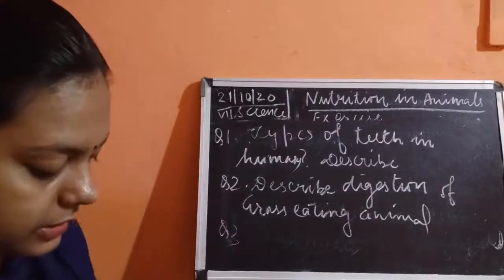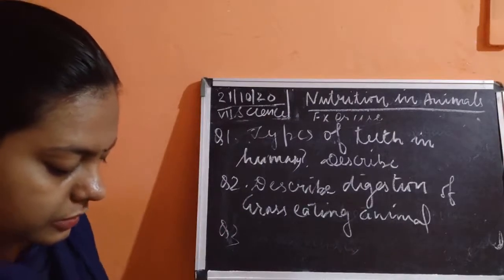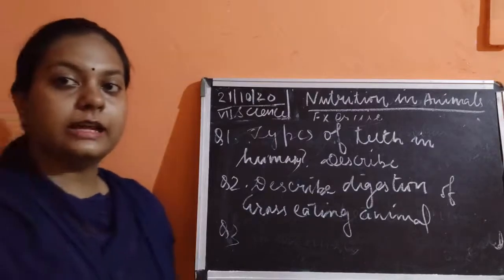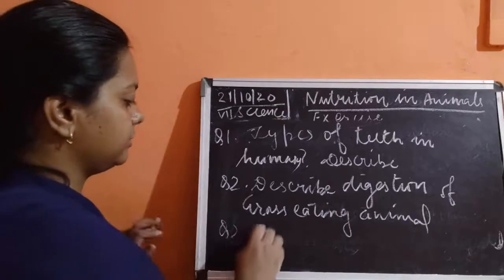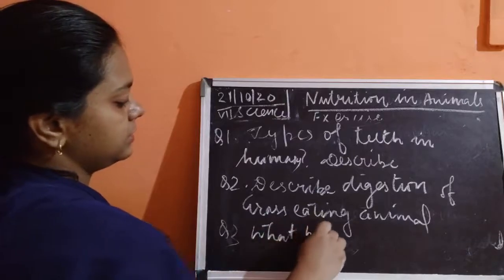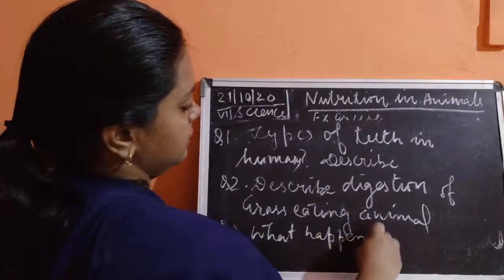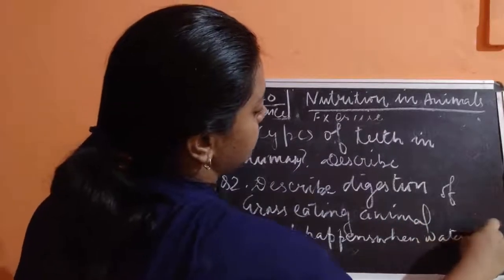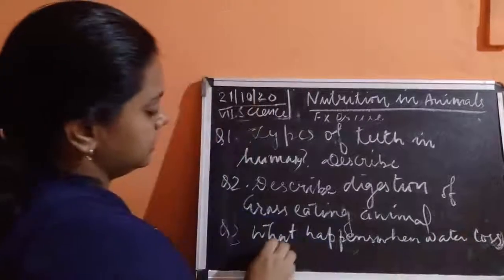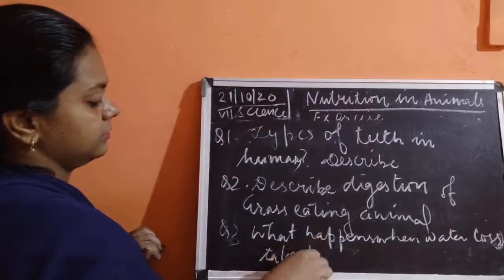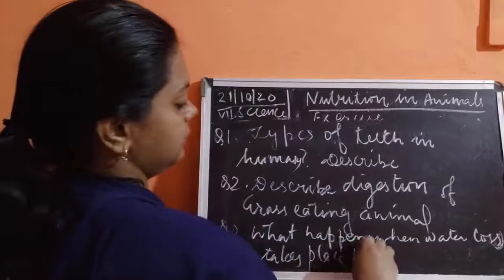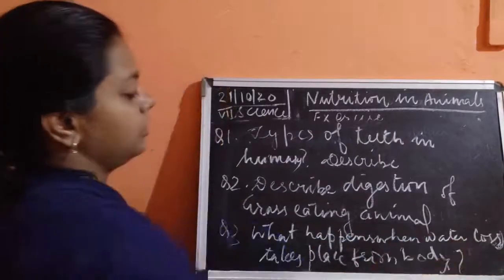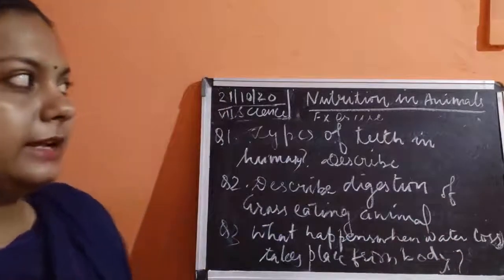And the next question is, what happens when excessive water loss takes place from the body? Okay, so you can write down what is happening in dehydration.